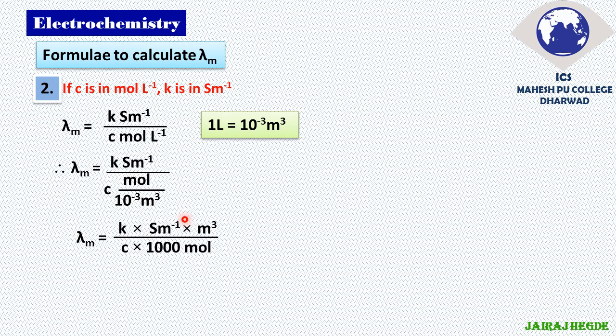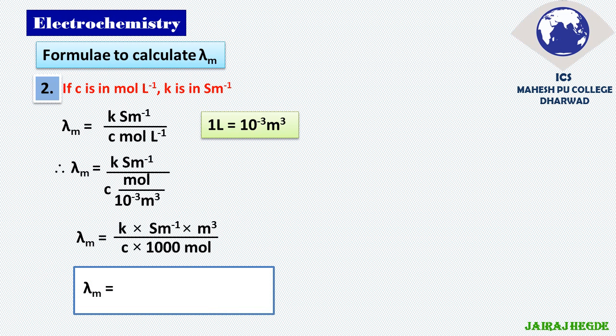Per meter cube cancels out and the formula will become kappa divided by C into 1000, in Siemens meter square per mole, where C is in terms of molarity.